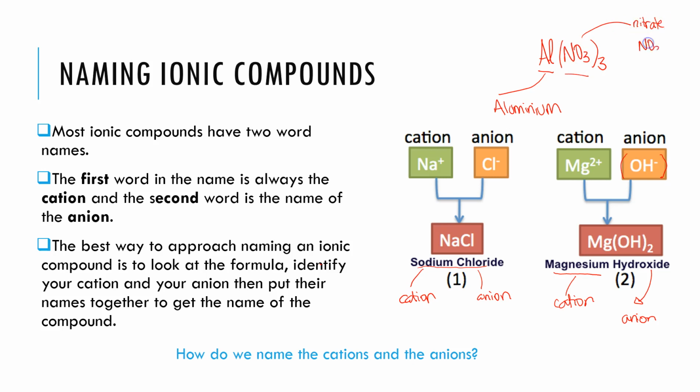It is an NO3 minus. So we don't need to deal with this number here. We don't put di, tri, or anything like that. We just use the name. So now this would become aluminium nitrate.